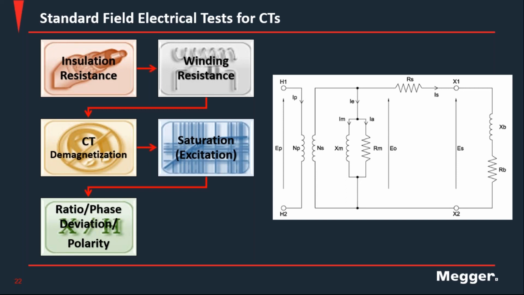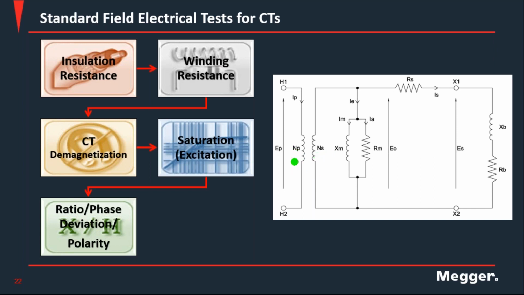So then the other part that you want to verify or get results from is this ratio. So the number of turns on the primary side in relation to the number of turns on the secondary side. And as we already saw in the vector diagram previously, you're going to have a ratio error there. So it's not going to be exactly as the number of turns.